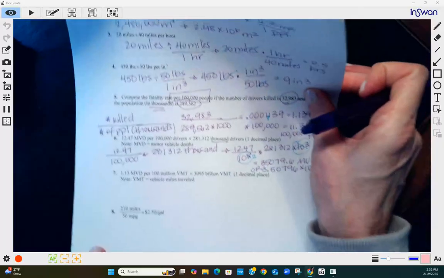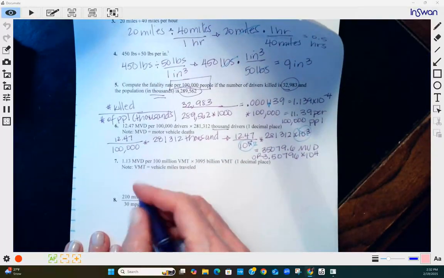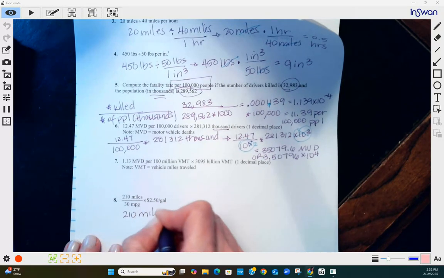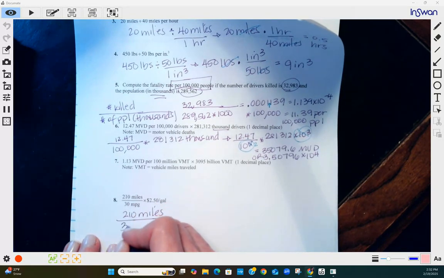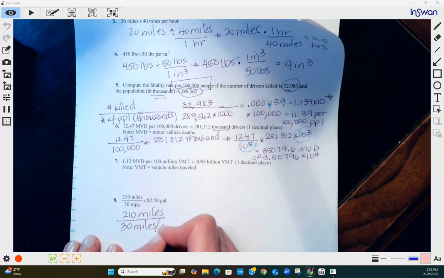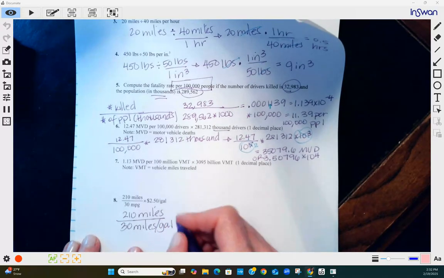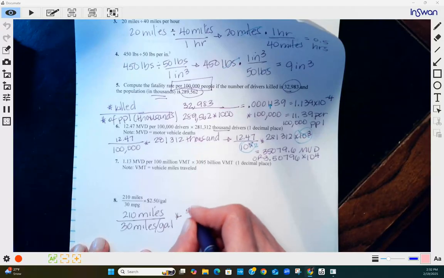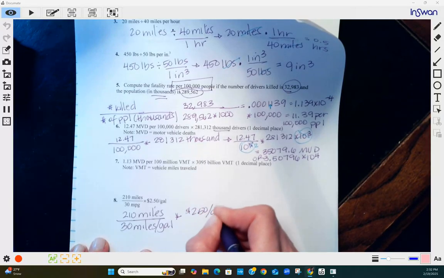Okay. Here we've got 210 miles, just rewriting, it's 30 miles per gallon. That's what MPG stands for. Times $2.50 per gallon.